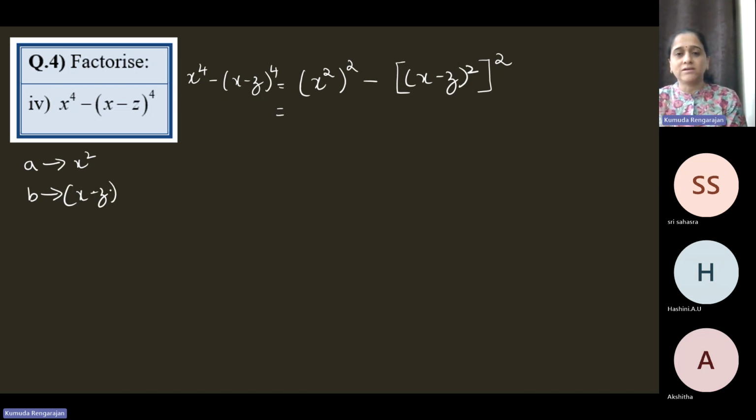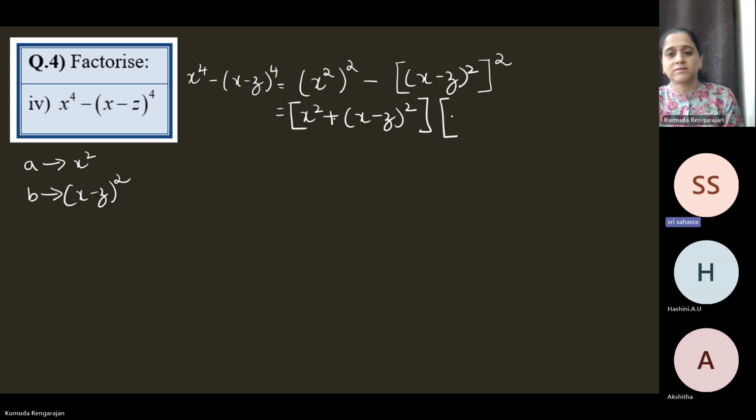Now write the next step using the identity which says A plus B into A minus B. What is A? X square. Plus B, this is B. X minus z the whole square.